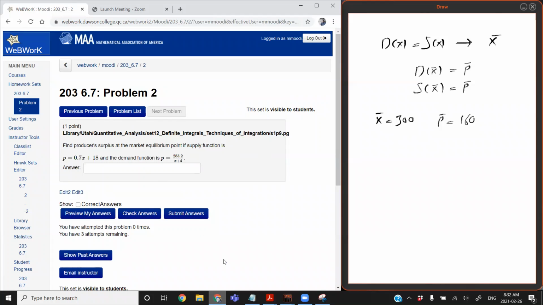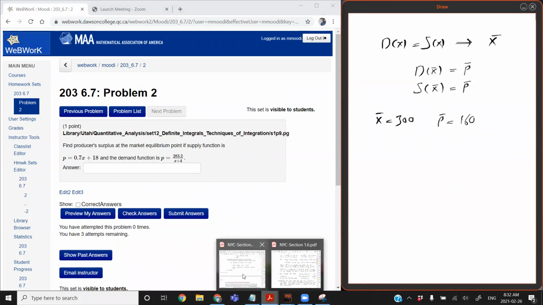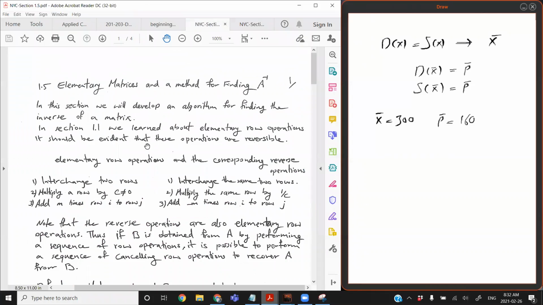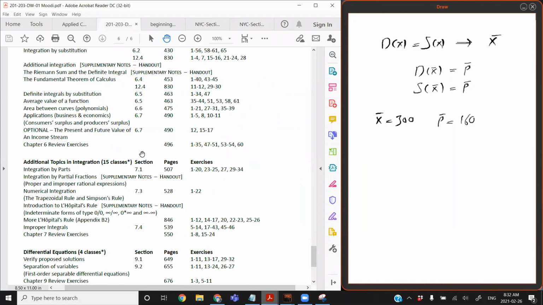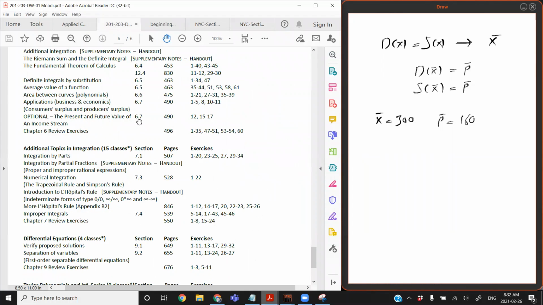So for this set, you should definitely also look at the exercises in the book, the ones that are listed in the course outline for this set. For 6.7, it says number 12, number 1 to 5, number 8, and number 10 to 11. All of these exercises are related to consumer surplus and the producer surplus.